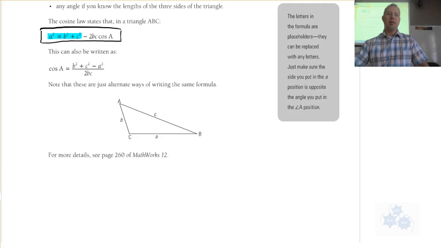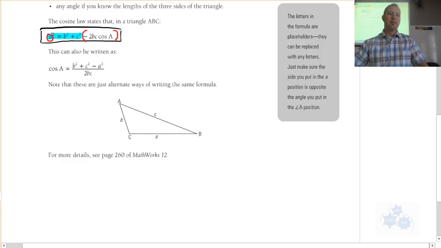The extra part is this little extra part right here. We're going to walk through this because you can solve for any side if you're given the other two sides and the angle that's opposite of it. So let's say, for example, you have two side lengths.